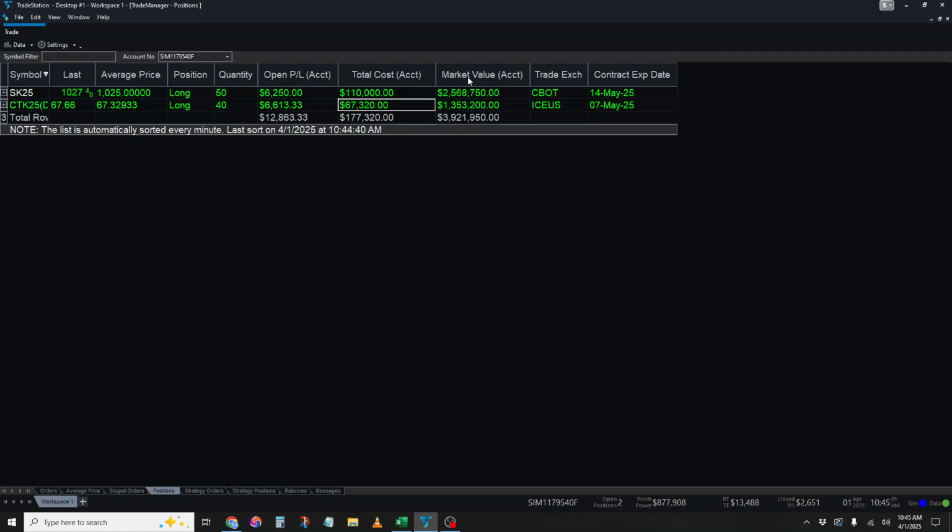Now, the actual cash value of these: I have 2.5 million in soybeans and 1.3 million in cotton. To buy $2.5 million worth of soybeans, you need 110,000 in margin. So it's like 5% margin.